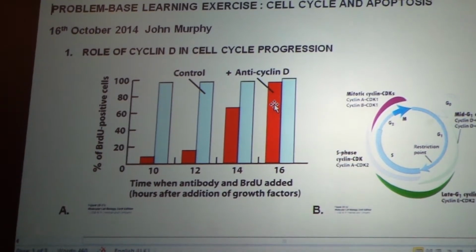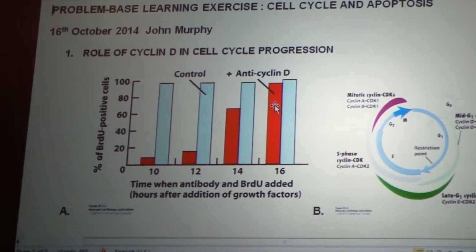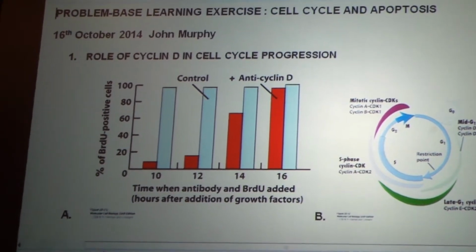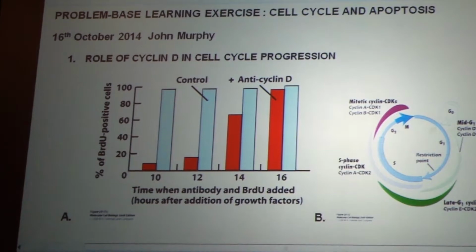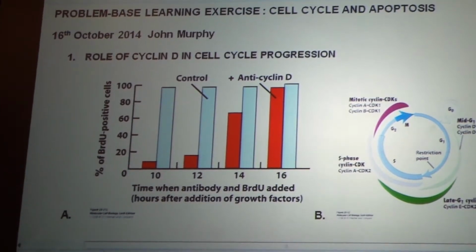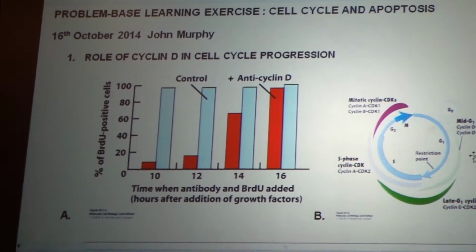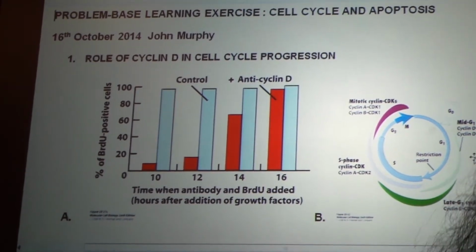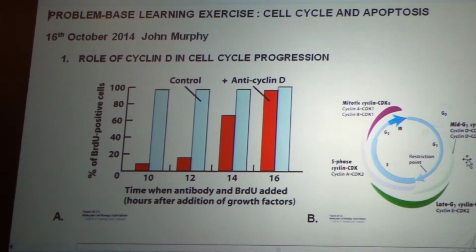So does that begin to clarify what might be going on here? It relates to, remember, when we discussed the cell cycle, we said that various cyclins, one of which is cyclin D, are important in pushing the cells through different stages of the cell cycle.